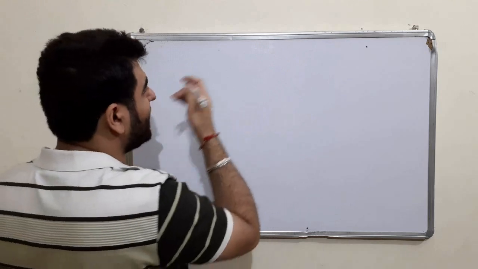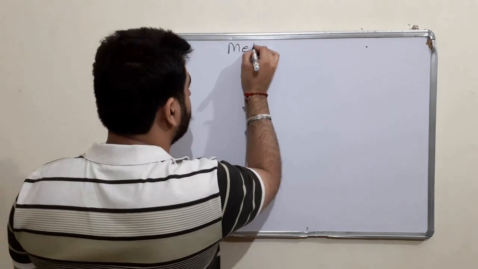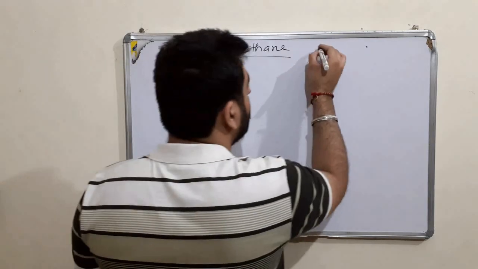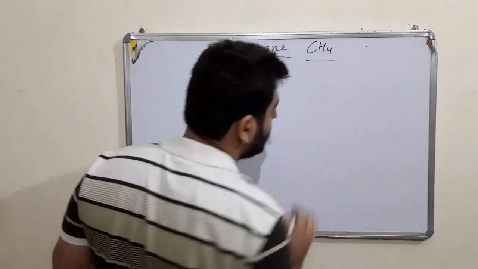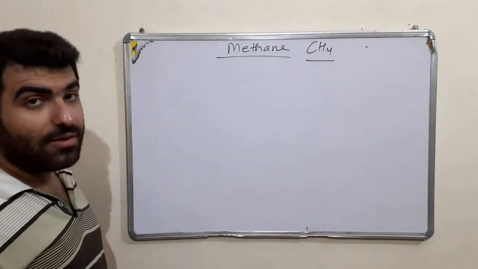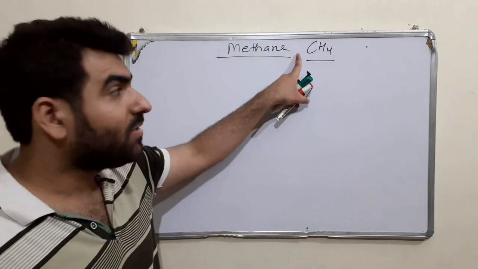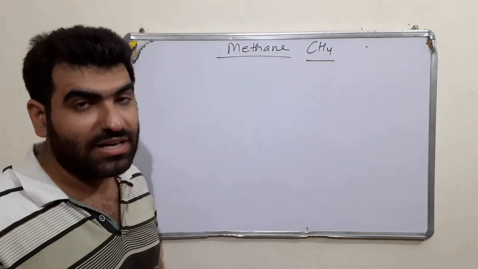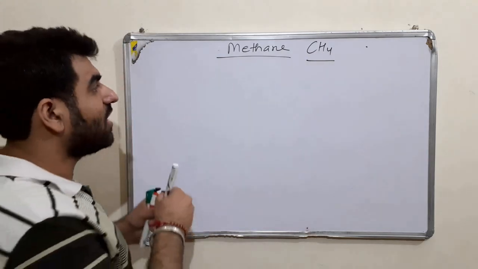Just start with a simple example, methane. You need not remember it; the formula will be given to you. CH4. We know carbon is a non-metal, hydrogen is also a non-metal, so there will be no transfer of electrons, there will be sharing of electrons.